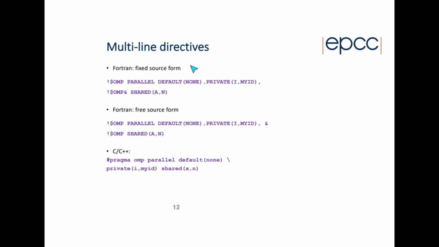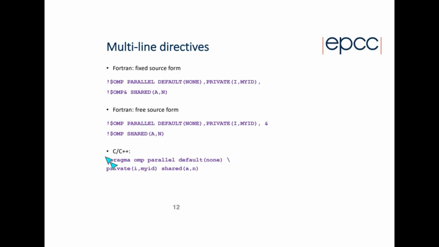For Fortran, it depends whether you're in fixed source form, in which case the continuation line starts with $OMP ampersand, or whether you're in free source form, in which case the ampersand goes on the end of the first line, and then we just have $OMP on the second one.